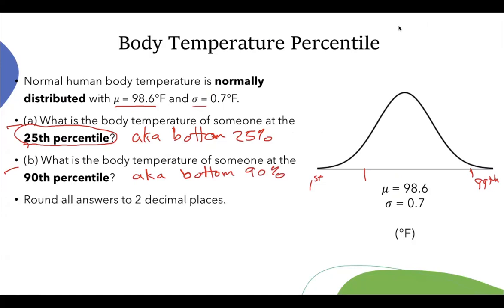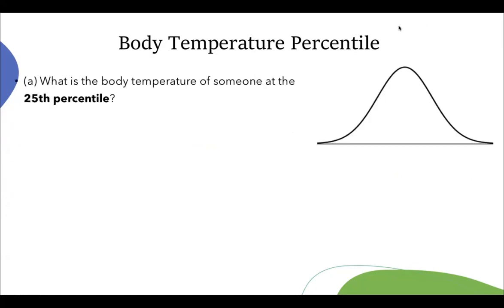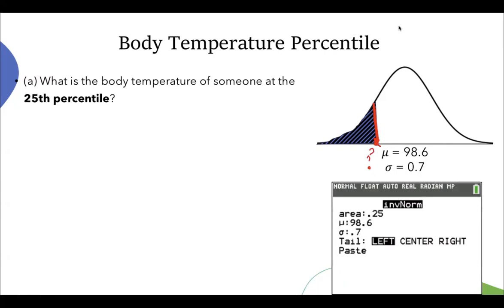So let's do the bottom 25%. Shade in as best you can the bottom 25% and realize that the question is asking you for that cutoff at the vertical line. So you put in 0.25, mean 98.6, standard deviation 0.7, tail left, and paste that, and it's 98.13.